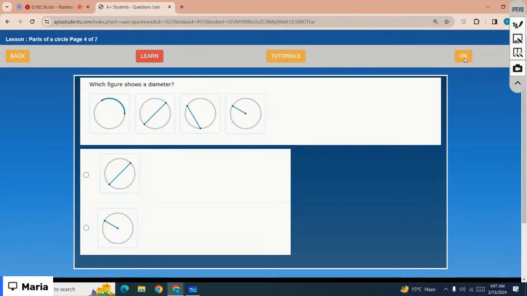Yes, option number one is the diameter. No, the second one is the radius, right? Option one is the diameter. Diameter is the line that passes through the center of the circle and touches the circle at 2 points, right? Option one is the correct option.